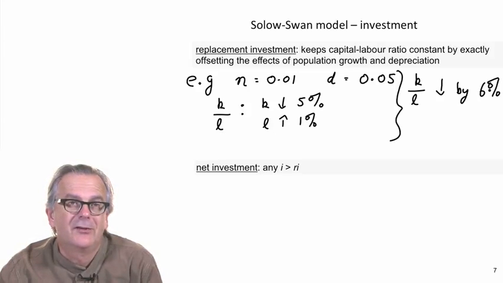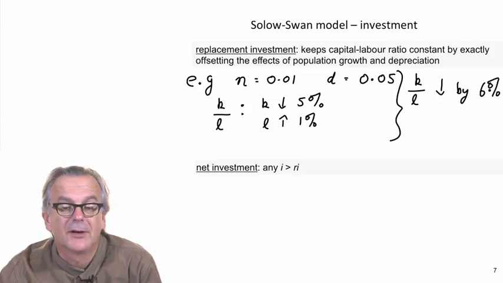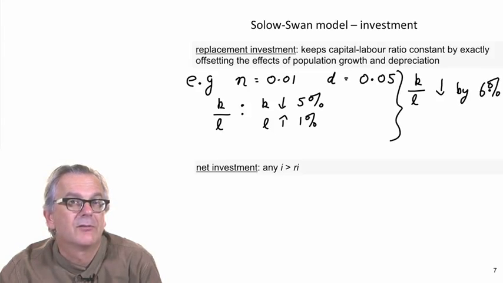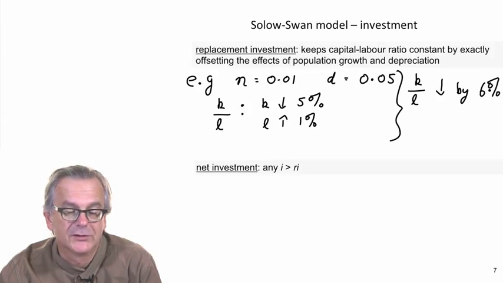The point about replacement investment is that it keeps the capital-labour ratio from falling. It doesn't grow the capital-labour ratio. All it does is exactly offset the combined effects of population growth and depreciation. So replacement investment is the investment undertaken by firms to ensure that the capital-labour ratio is not diminished over the course of a time period.